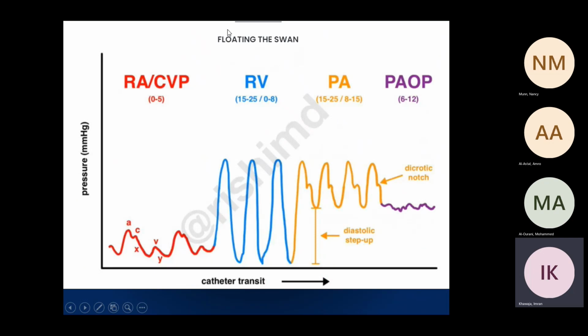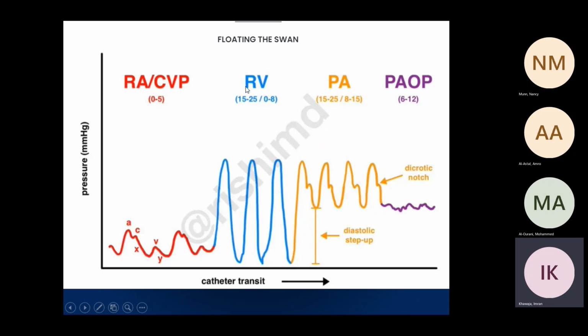Now, then you float your catheter, of course, at the bedside. You do it on the monitor, and you look at your waveforms that we'll discuss, going from the right atrium. These are the normal pressures, 0 to 5, but can be up to 8. And the RV here, as you transition from the RA to the RV, you see the change in the morphology of the waveform.